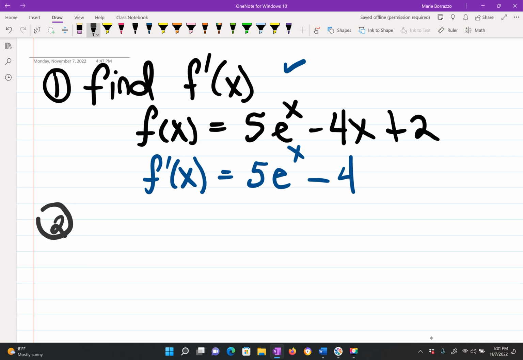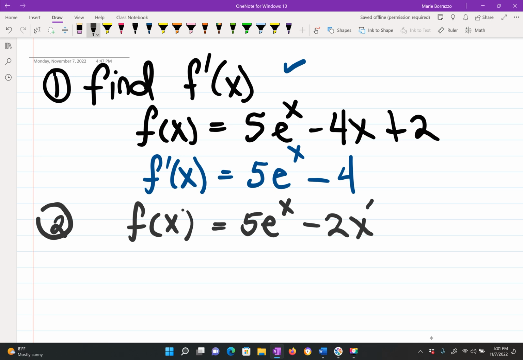Question 2. All right, so it's the same thing. Same question stem. They're giving you f of x is equal to 5e to the x minus 2x to the 4th power.